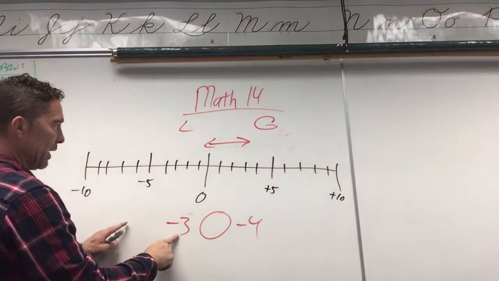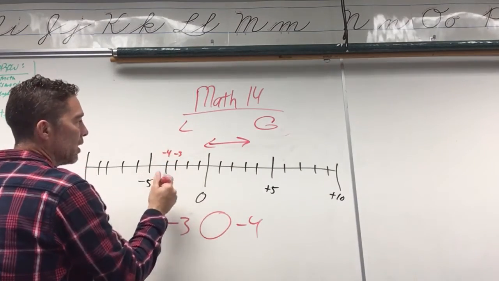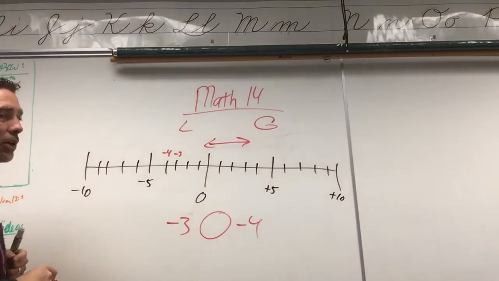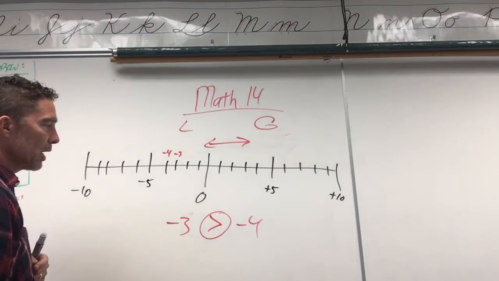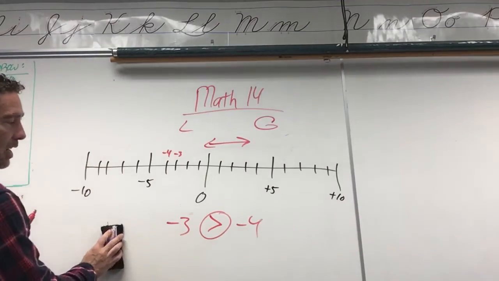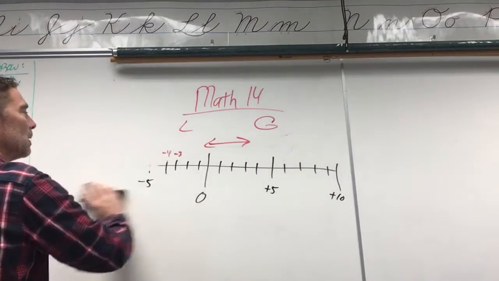Well, negative 3 would be here, negative 4 would be here. Negative 3 is further down the line that way towards greater, so that's greater than negative 4. And we would all rather be negative 3 in debt than 4 in debt if we're going to go the negative route.